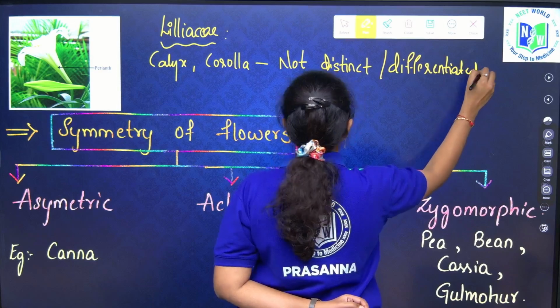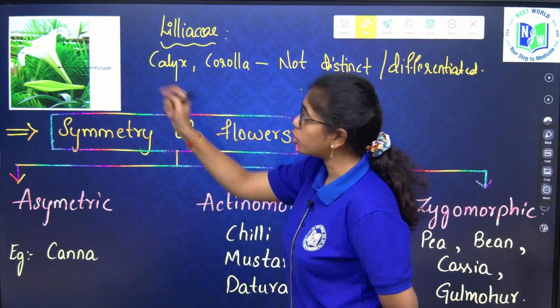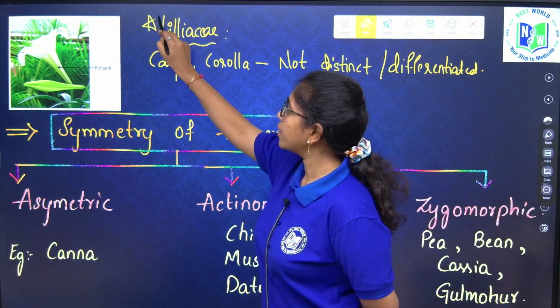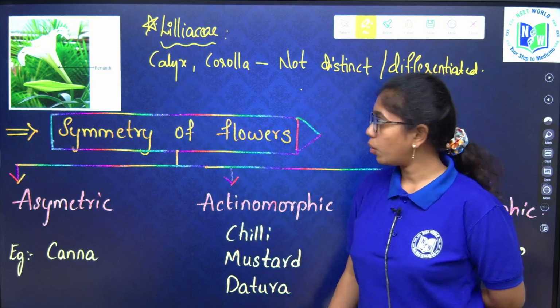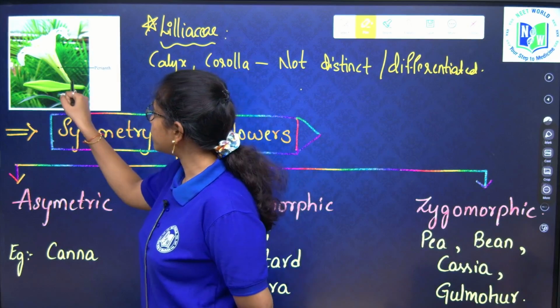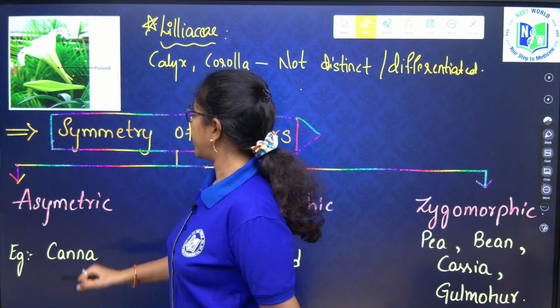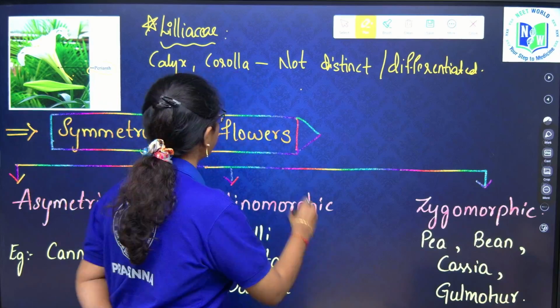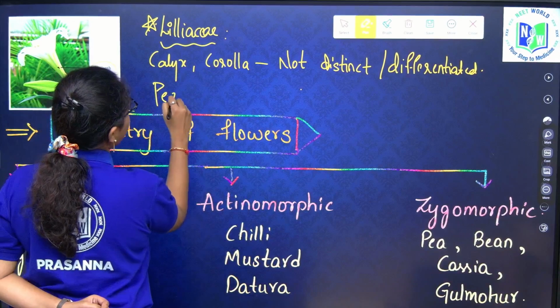So this condition you will see in which family? Perianth you will see in which family? The questions might be asked, okay. It is observed in the family Liliaceae, wherein calyx and corolla are not distinct. They are in a single structure which is said to be perianth. What do you call it? Perianth.